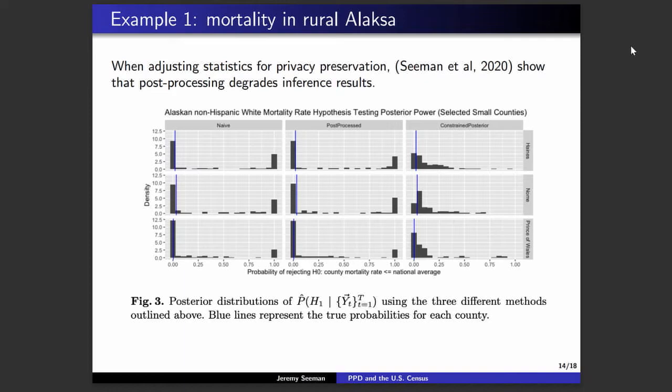And what we noticed was that we had a lot better concentration around our true value, from our data generating parameter, which is this blue line here. And when we were working with the post-process data, we were more likely to create extreme values that would cause us to underestimate the true uncertainty in our data, which is something that we were able to capture because we had exact posterior draws that captured that uncertainty due to the inference.